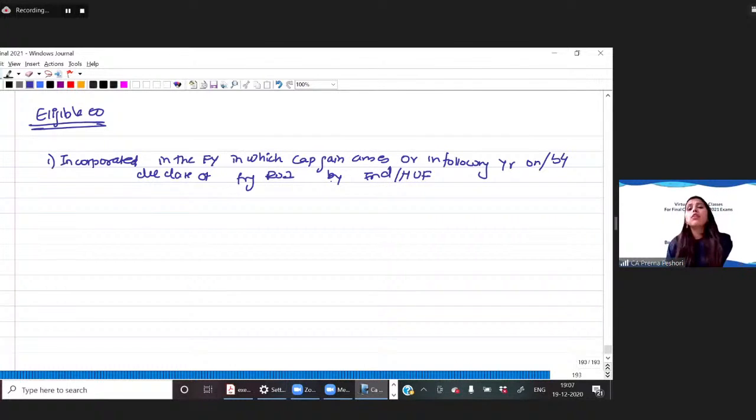So due date of filing ROI for whom? Individual or HUF. Right? Not the due date for the company but the due date of filing return of income for individual or HUF, which is 31st July usually.